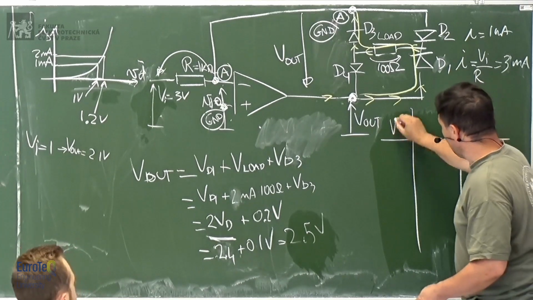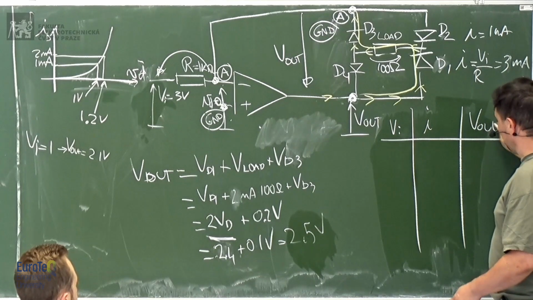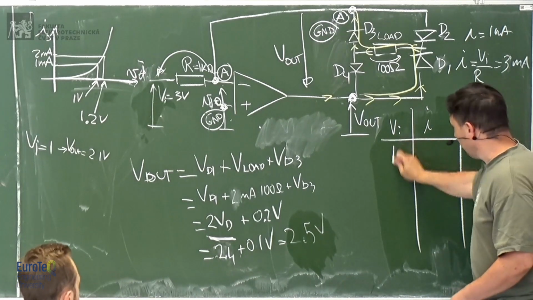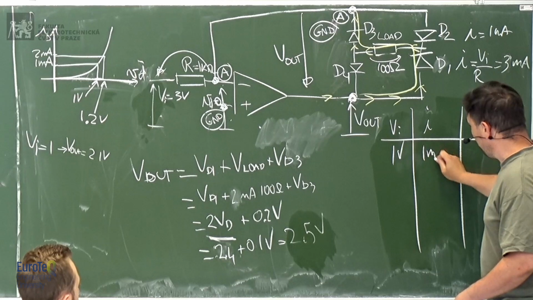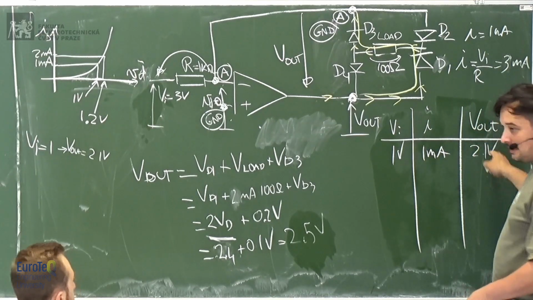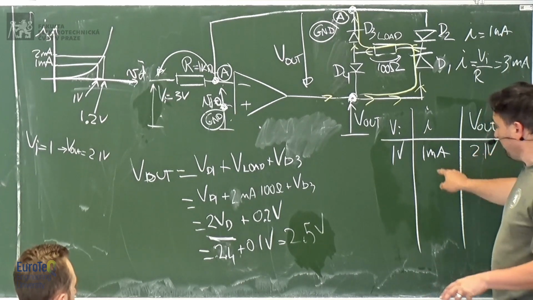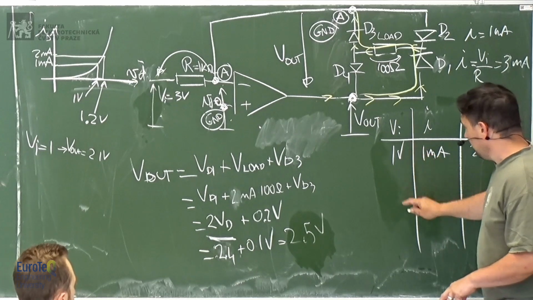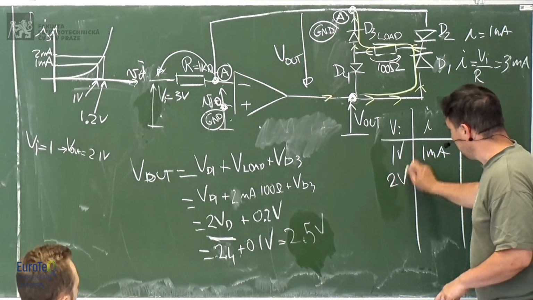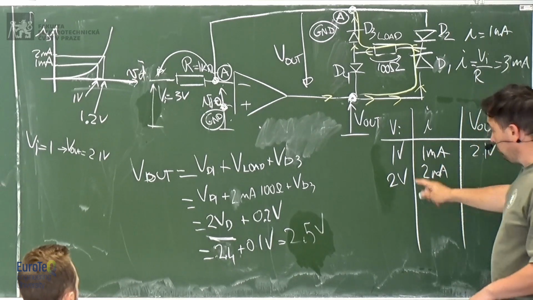This is input voltage, this is the current, this is the output. So 1 volt, 1 milliamp, 2.1 volts as an output, because 2 volts are on the 2 diodes and 0.1 for the load. Then 2 volts, 2 milliamps, and 2.5.